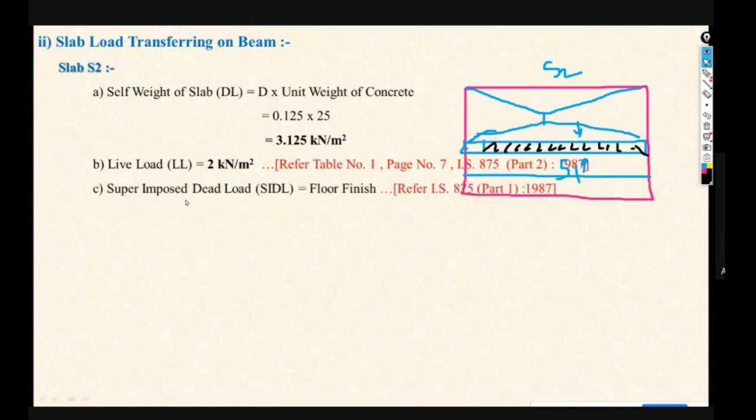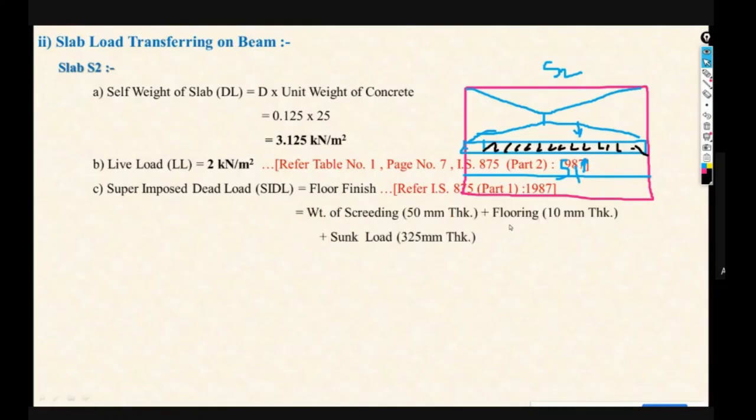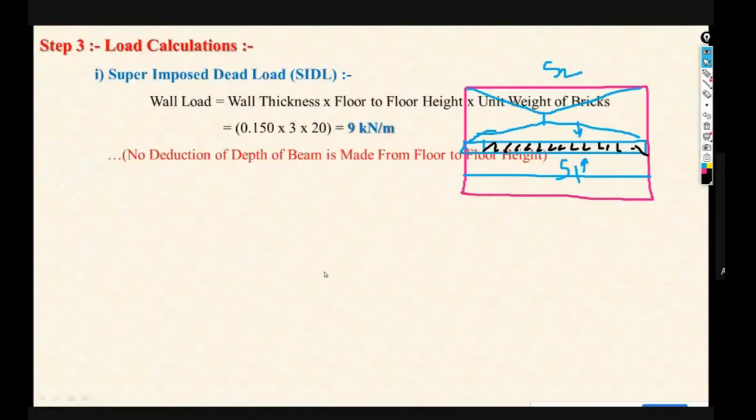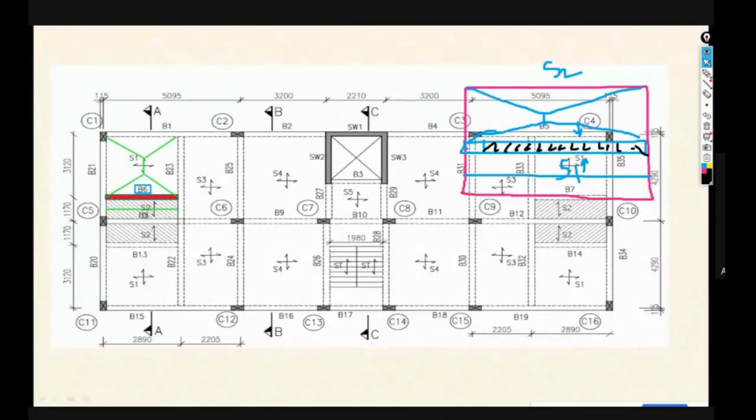Then superimposed dead load on slab: floor finish and sunk slab. If a toilet is there, then the sunk slab will come. Here I think they have considered the sunk slab. This toilet is there, so for the toilet we have to consider the sunk slab also. This is our S1 and S2 slab.